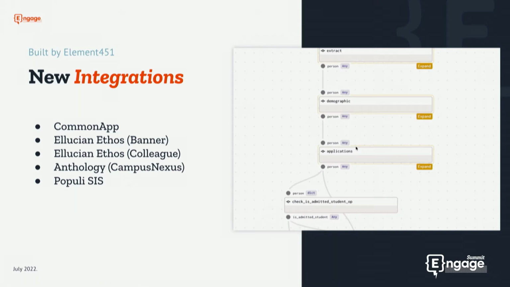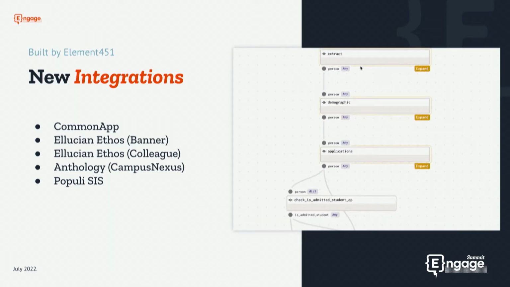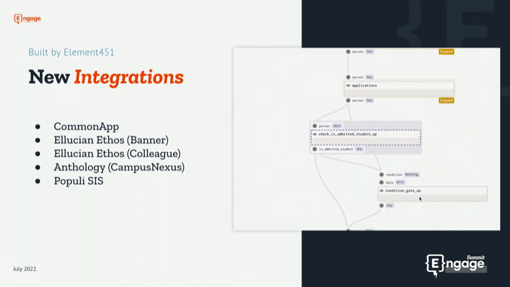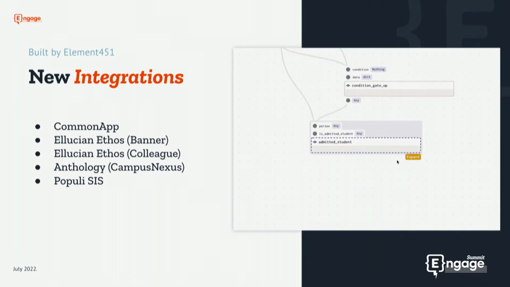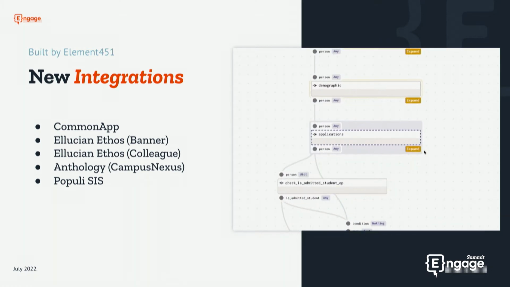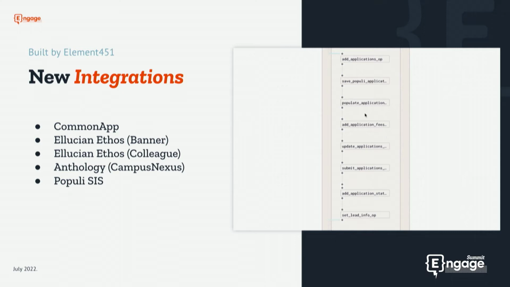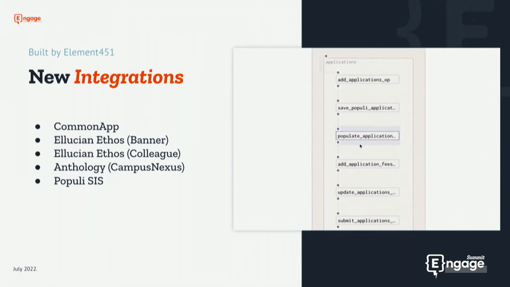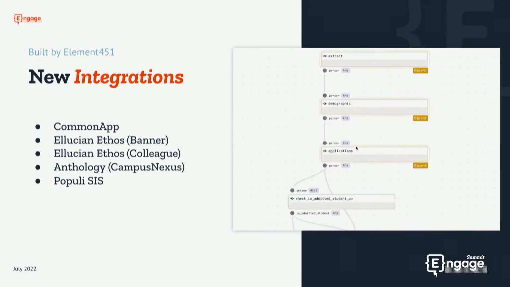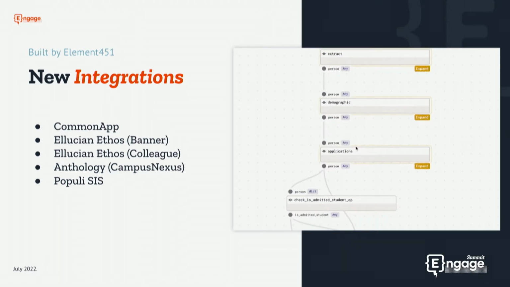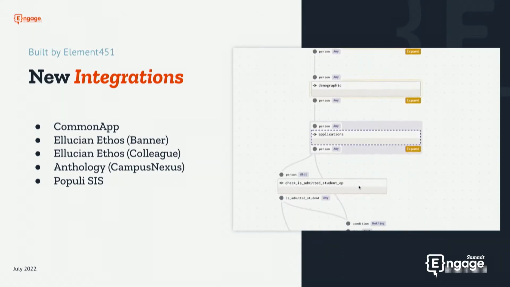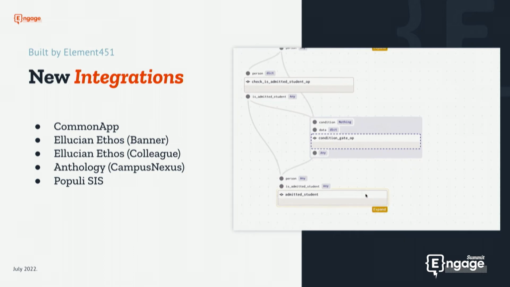All right, some of the new integrations that we've been adding, and this is one of the things I wanted to give some examples of, is the Common Application integration. I'm not sure how many of you use Common Application, but it's been one of the things we've been working on for a while, and we did a partnership with Common App last year, and now we are officially part of their delivery mechanism.